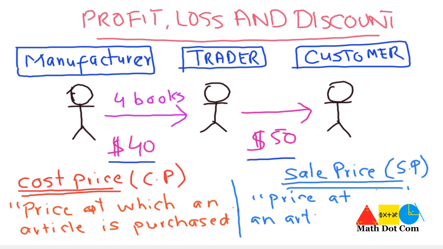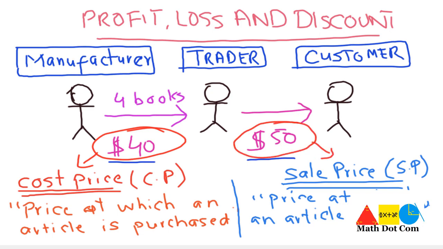It means the price at which the trader has sold an article to the customer. So from the above example, it is clear which is the cost price and which is the sale price. Here this is the cost price and this is the sale price.